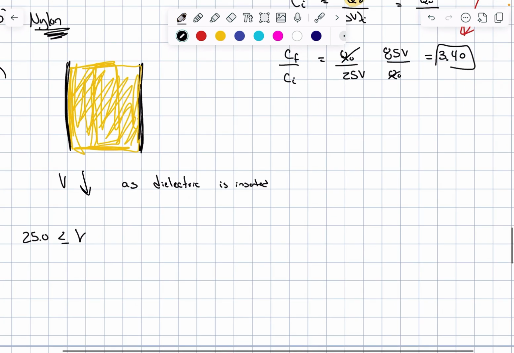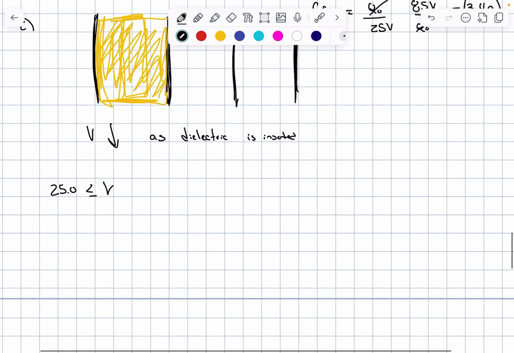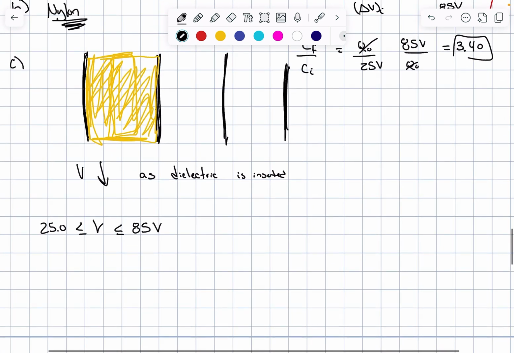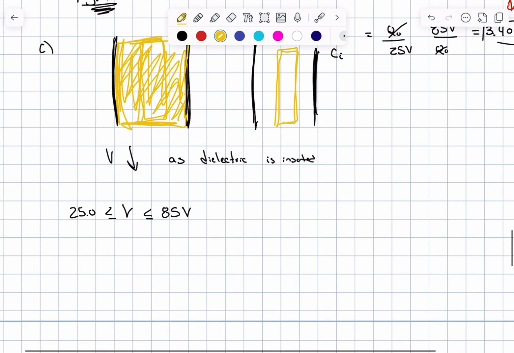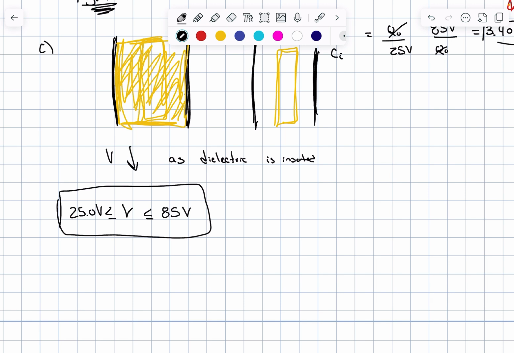The opposite scenario is when we had literally no dielectric, and we know that was 85. That means that if we insert a smaller dielectric, we can figure out the exact value by calculating or measuring it, but we know it is going to be somewhere between 25 volts and 85 volts. And that is all the question was asking us to do.